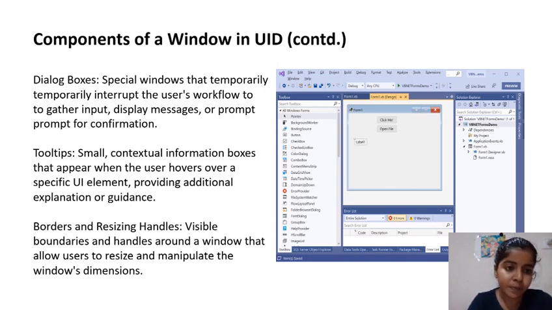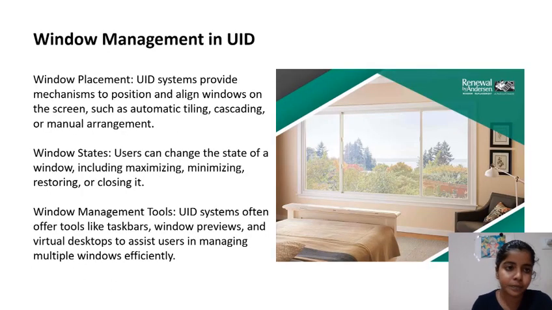Tool tips are small contextual information boxes that appear when the user hovers over specific UI elements, providing additional explanation or guidance. The third one is the border and resizing handles, the visible boundaries and handles around the window that allow the user to resize and manipulate the window's dimensions. We'll go to the next slide.